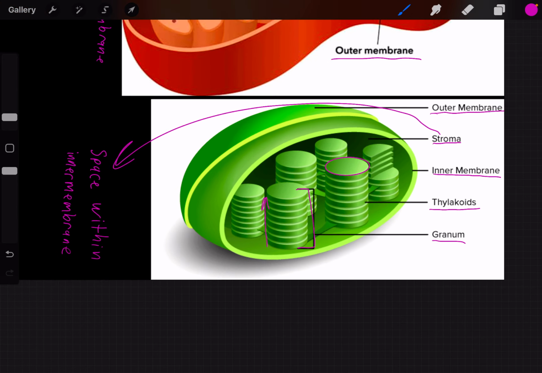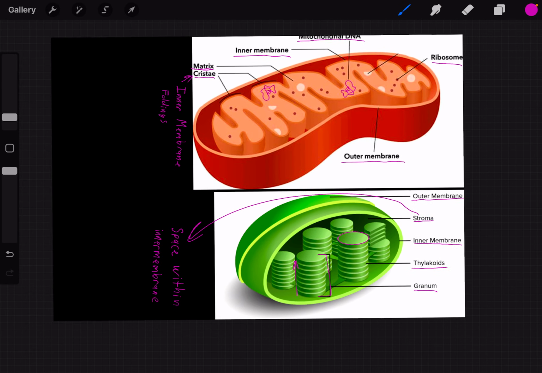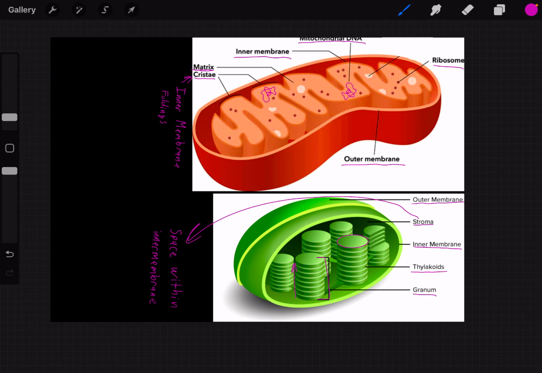So yeah, now the whole point of these two organelles is that the mitochondria basically carries out processes to produce ATP for the cell. And we have to remember that plant cells also have mitochondria.